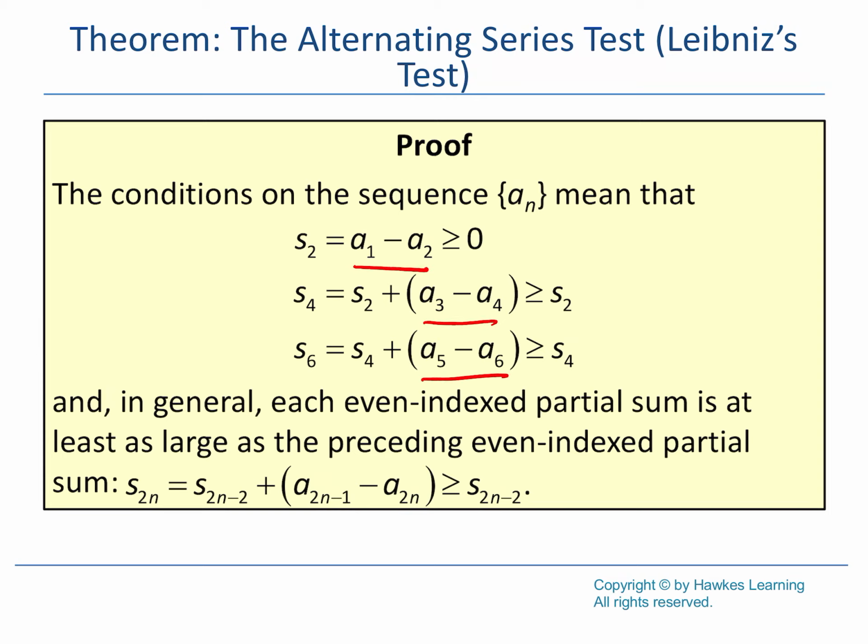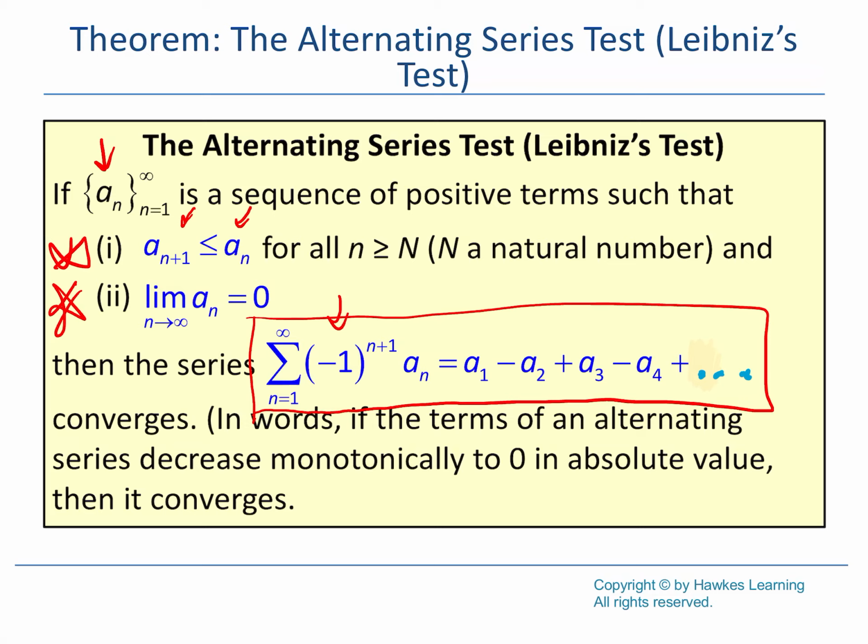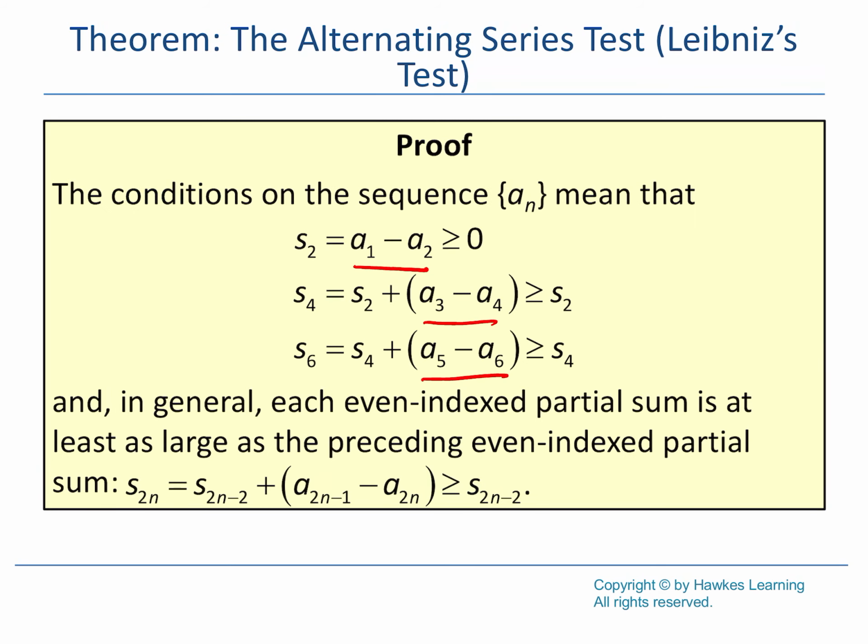First, since we have this condition, condition number 1, that a_{n+1} is always less than or equal to a_n, all of these differences are going to be positive. And that's why you see that, for example, here, S4 is greater than or equal to S2, and S6 is greater than or equal to S4.